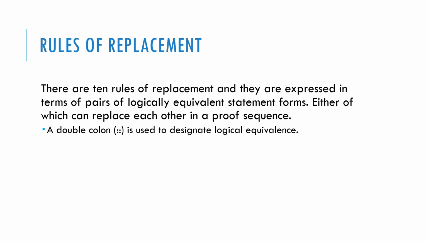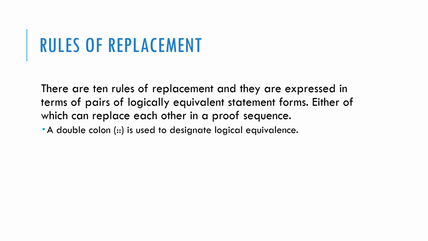Now, these 10 rules, in addition to the 8 rules of inference that we looked at last time, can help us naturally deduce conclusions and make us more confident in those conclusions, based on how we're getting from one step to the next with our thinking in natural deduction.